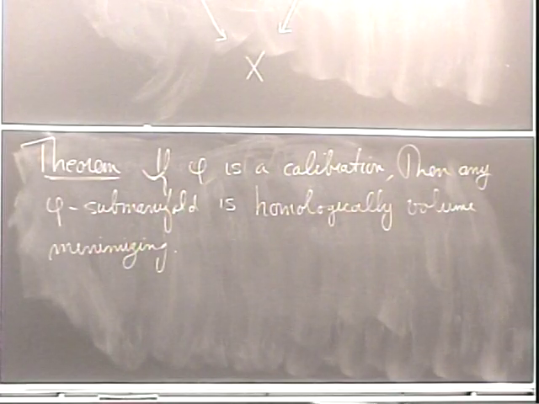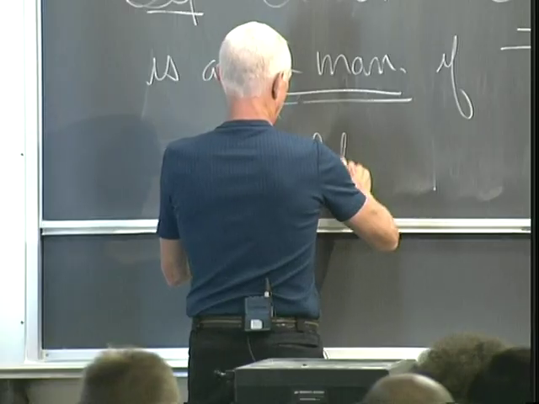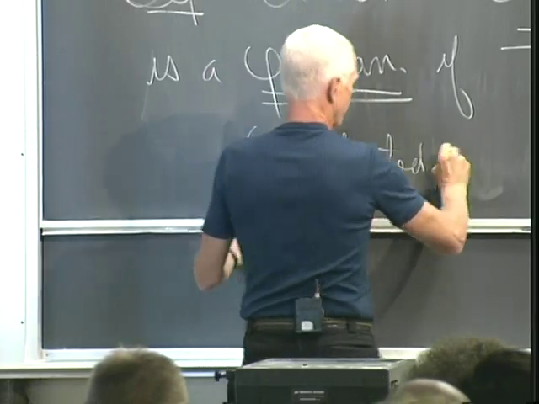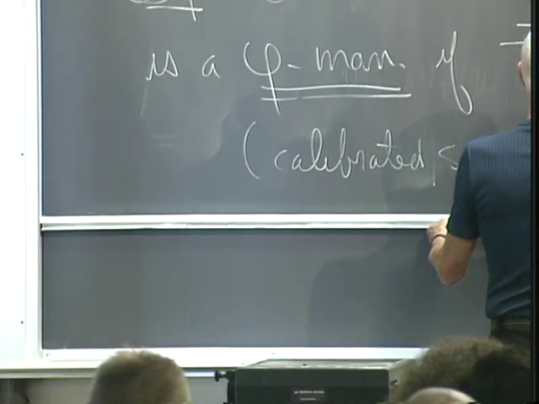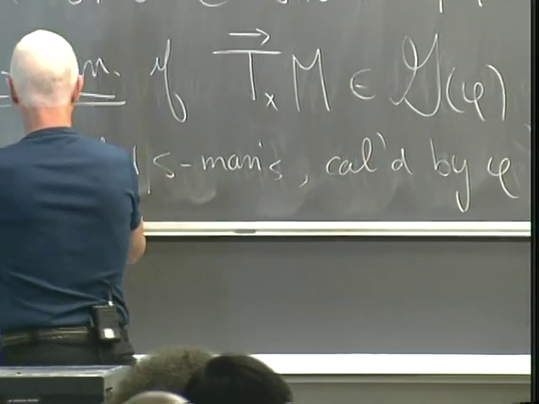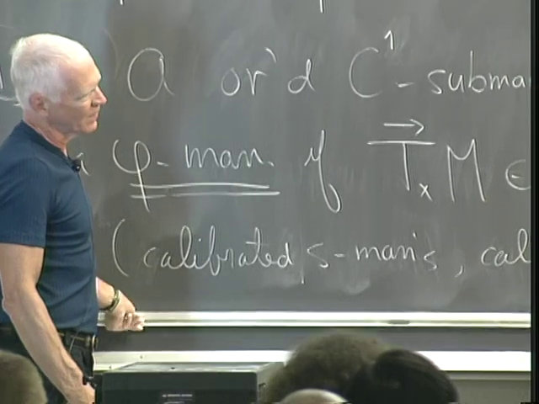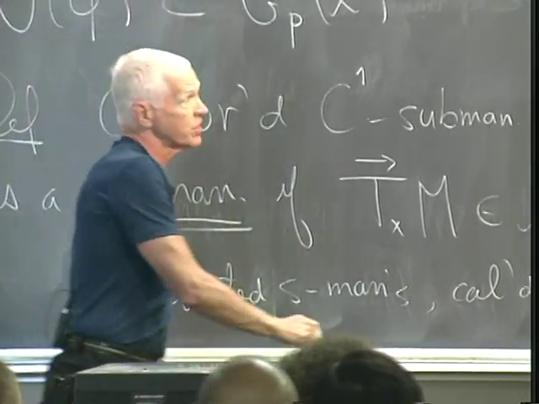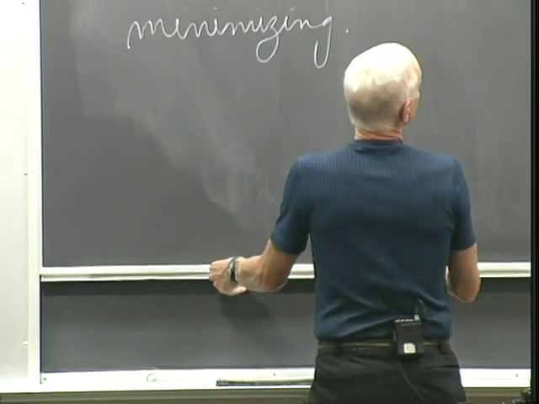By the way, these things are also said to be calibrated manifolds, also called calibrated submanifolds, calibrated by phi. So any calibrated submanifold is homologically volume minimizing. What do I mean by that? So let me make this more detailed.